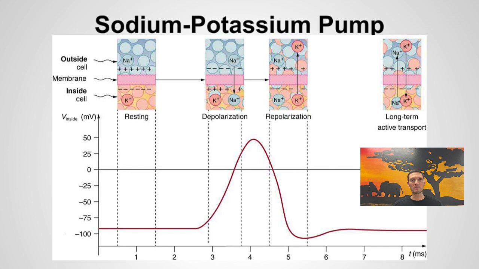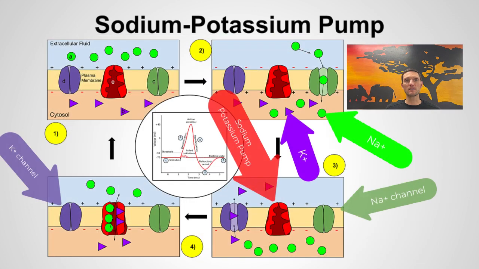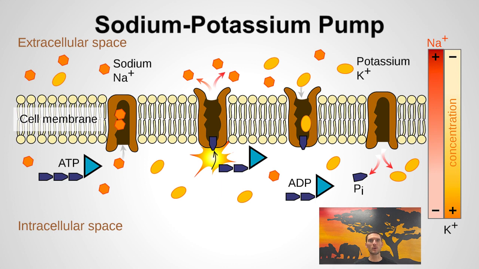Once the voltage reaches positive 40 millivolts, potassium channels open up, allowing potassium ions to diffuse out of the neuron. So it's a series of gates that open or close based on the electrical charges, which controls when sodium or potassium can come in or out of the cell. To send these nerve impulses, there must be an establishment of the concentration gradients of sodium and potassium.